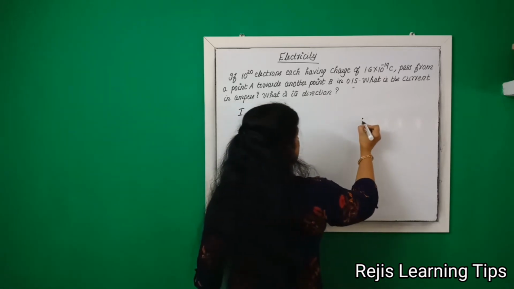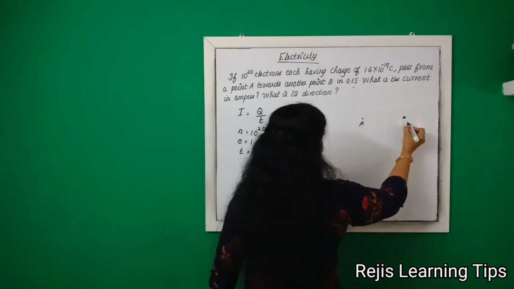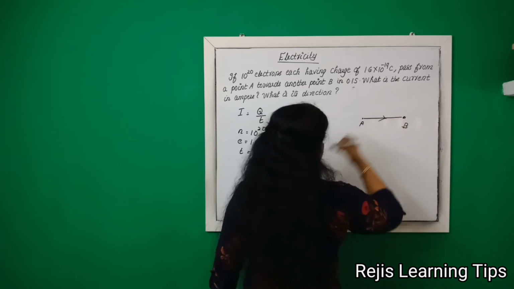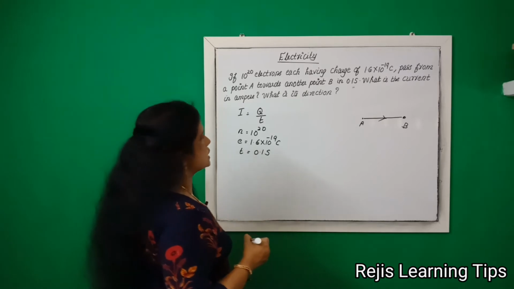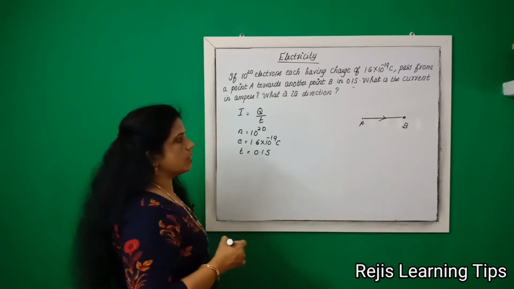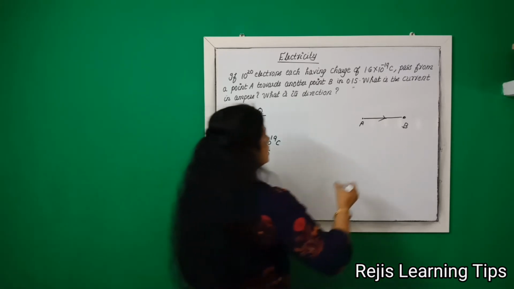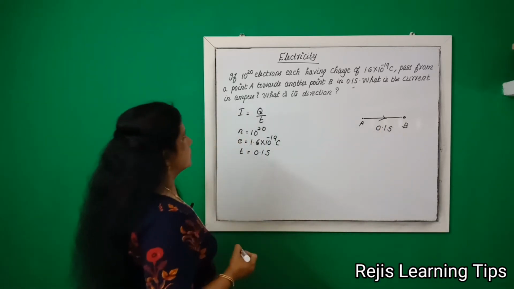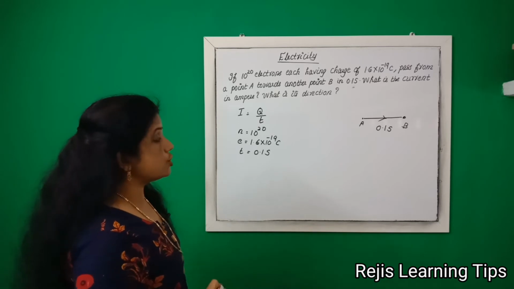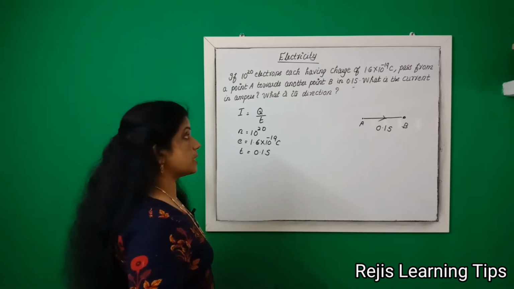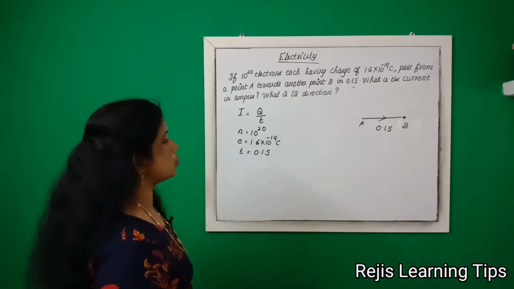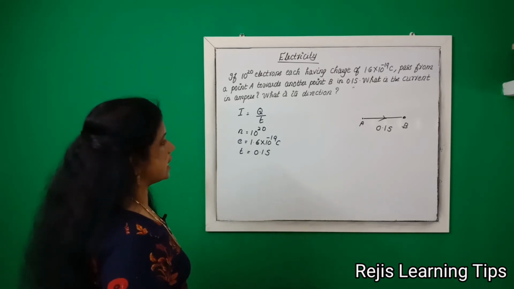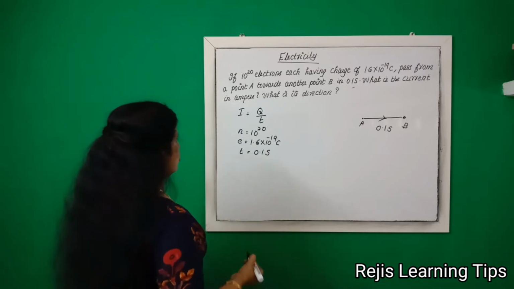This is the point A and this is the point B. Electrons pass from A to B in 0.1 second. What is the current in ampere? That we want to find here.